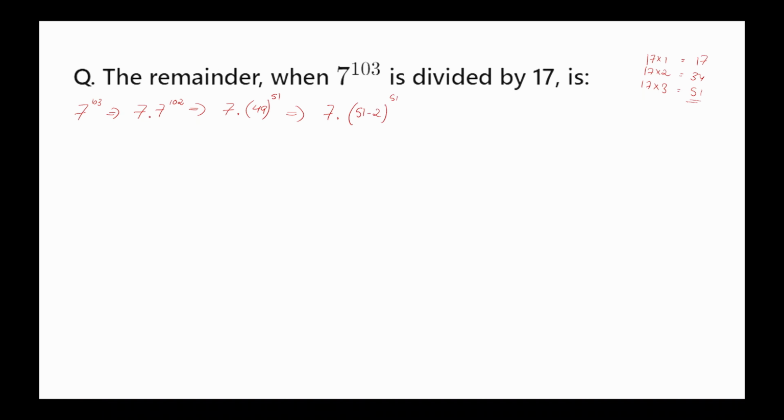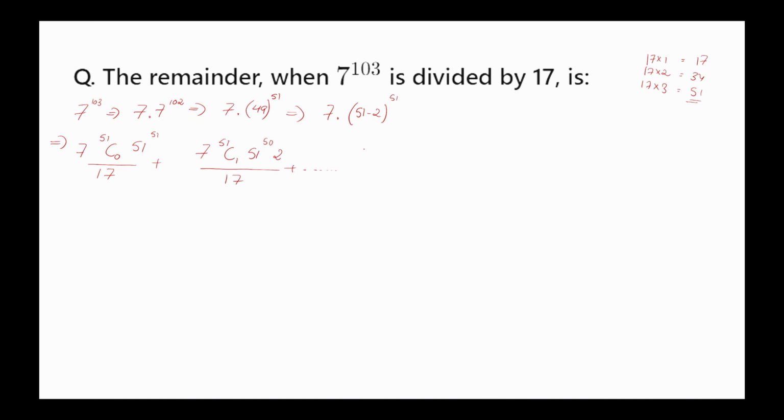Now I know that 51 is divisible by 17. So I would try to remove all those terms which have 51 in them. I'll start with my binomial expansion, and I'll write the 17 below directly. So this becomes 7 into 51 C0, 51 to the power 51, 2 to the power 0, and below we have 17, plus 7 into 51 C1, 51 to the power 50, with a 2 also multiplied, upon 17.